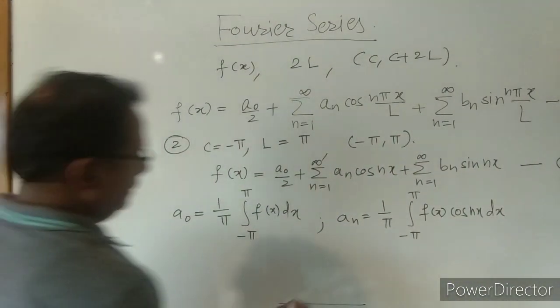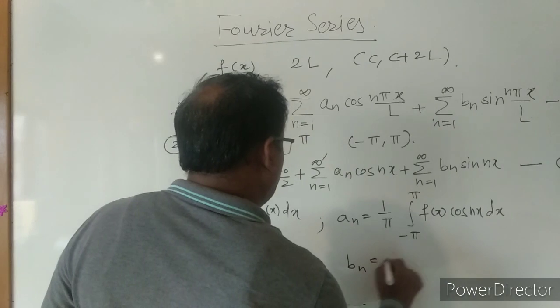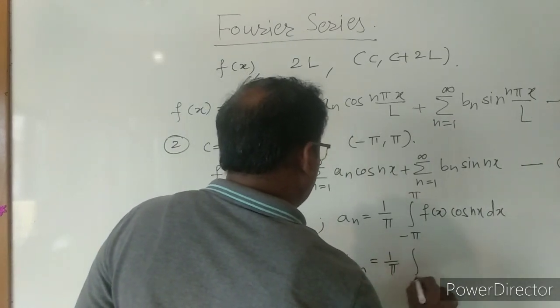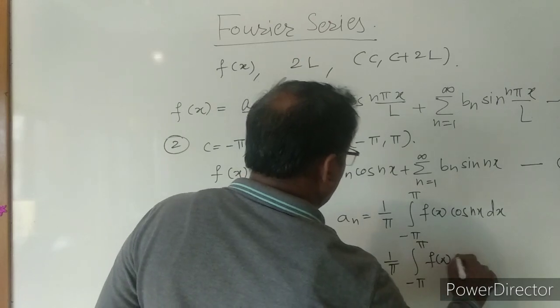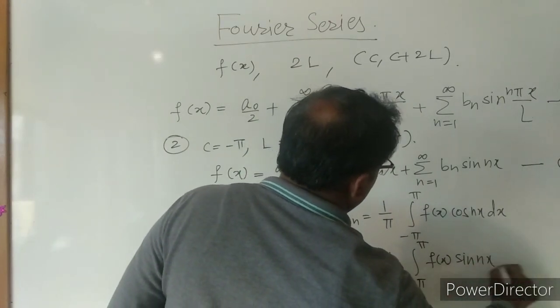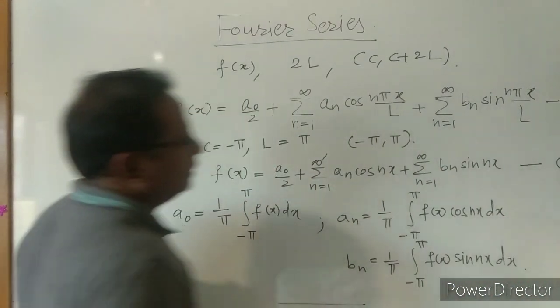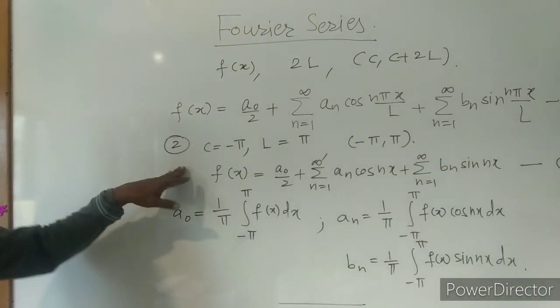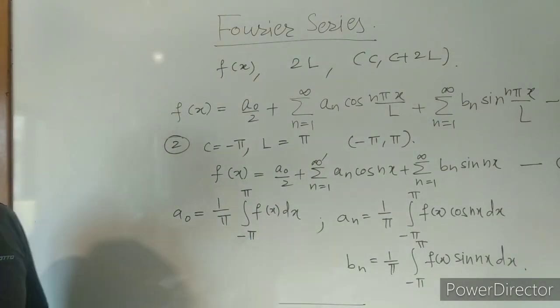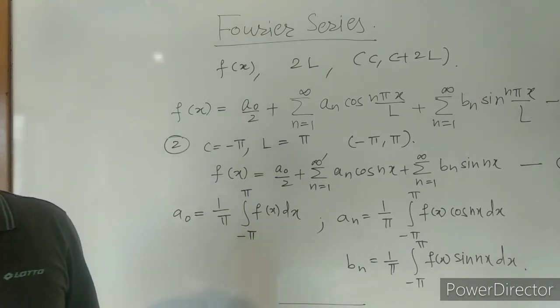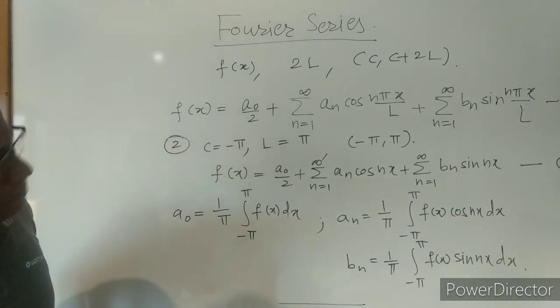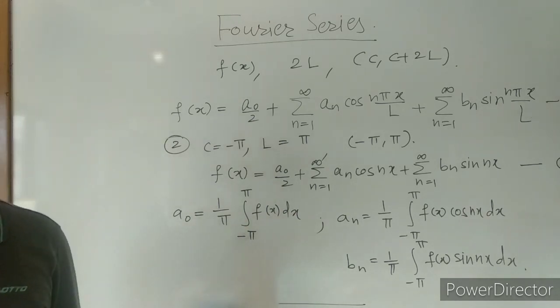And bn is given by 1 upon pi integral minus pi to plus pi f of x into sin nx dx. So this is the case 2 where c is minus pi and we have taken period equals to 2 pi. So the interval of definition is minus pi to plus pi.